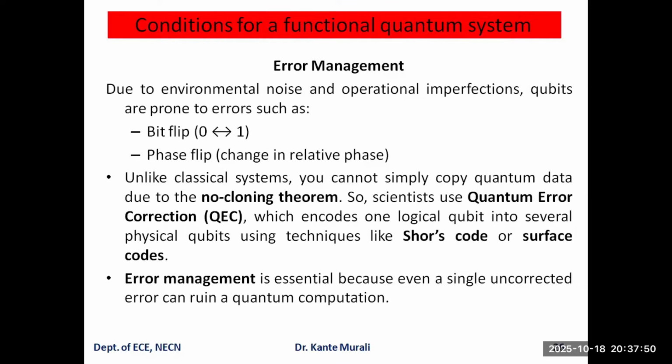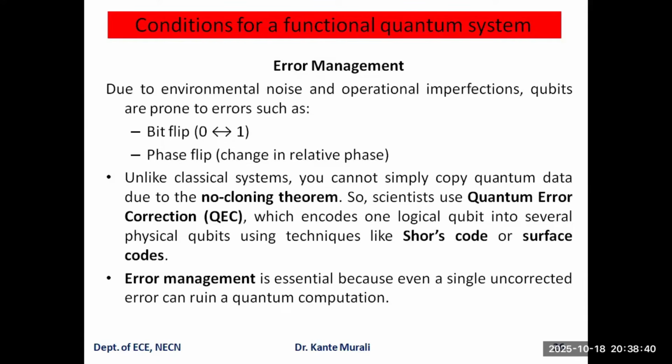Now let us see error management. Even with the best isolation, errors are unavoidable, so we need error management. Generally, quantum errors come in two main types. The bit flip, where 0 turns into 1 or vice versa, and the phase flip, where the phase relationship between 0 and 1 changes. In classical systems we can copy and check the data, but in quantum systems we can't do that. The no-cloning theorem does not permit copying of qubits.